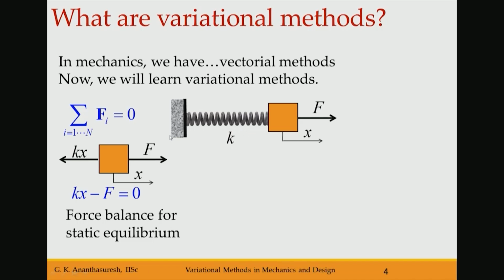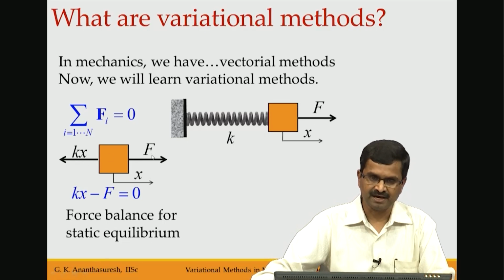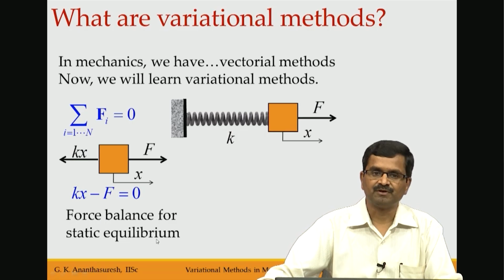That is k times x is the force that acts this way, because if you try to move the mass to the right, then the spring will be extended and it wants to go back. So, that is the spring force kx, and this force is F. So, this F and this kx balancing each other is the force balance for static equilibrium.